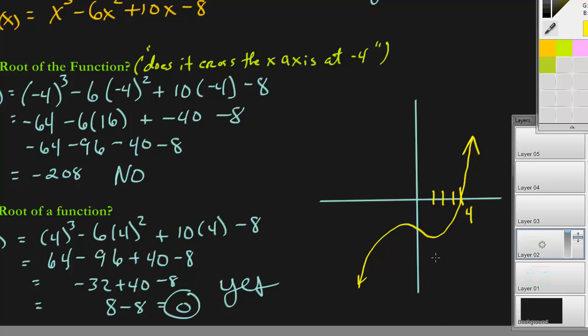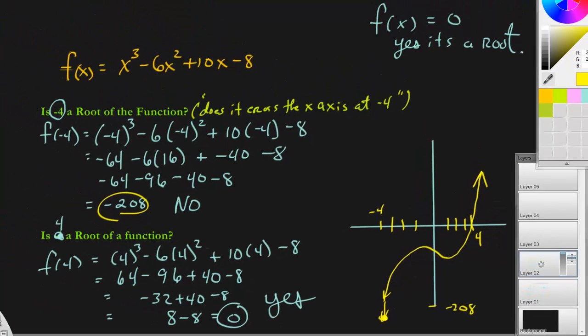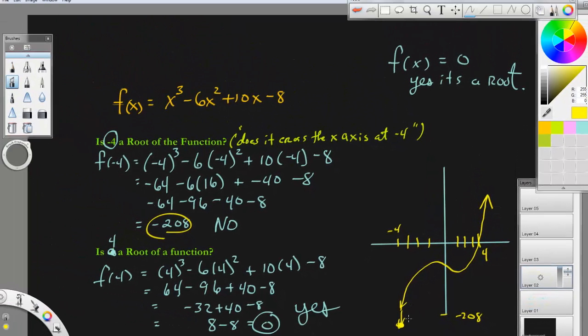So its root is going to be called positive 4. Any other point that I try to plug in, including negative 4, would have been out here somewhere, and this thing would drastically drop off fast. You can see that it goes down to negative 208. It would be clear to the floor. But that would be how that would work.